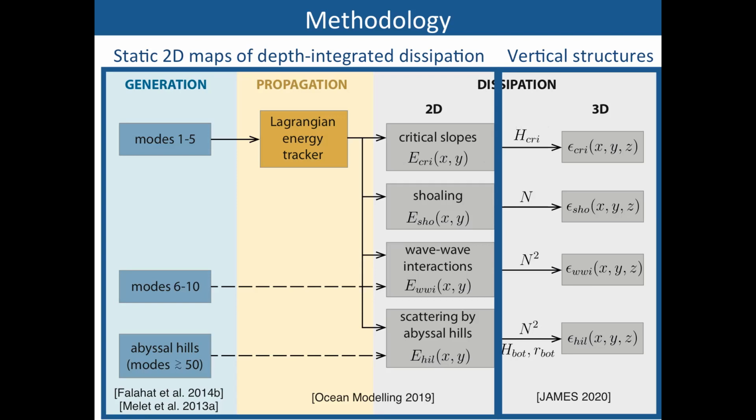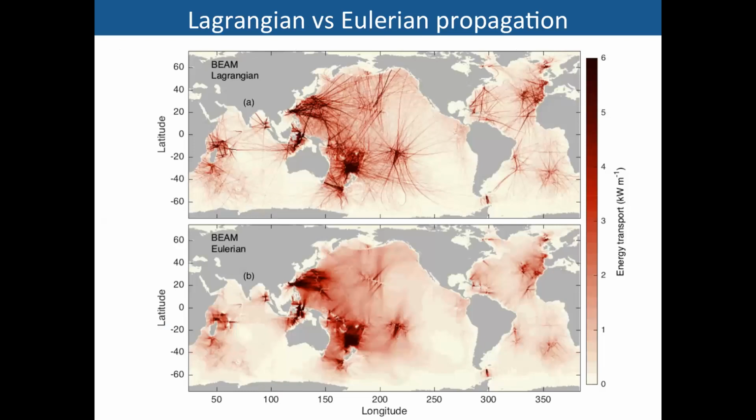Now, I just want to insist on the importance of using the Lagrangian framework for the beam tracing, because we first started with an Eulerian framework, and we were not satisfied. This is illustrated here. You're looking at the energy transport by the mode 1, so the first mode, M2 internal tides. And so you see the beams.